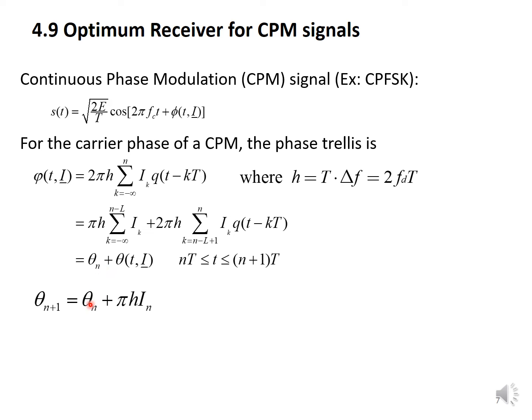Theta n represents the initial phase of this symbol, and the theta n minus 1 represents the new phase change due to the symbol I_n.